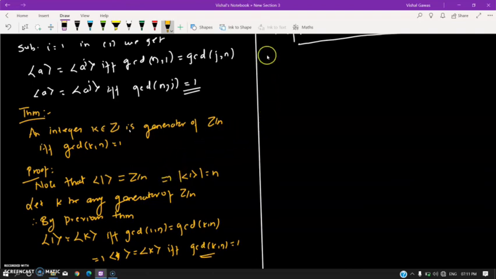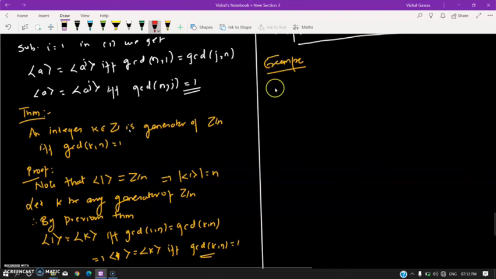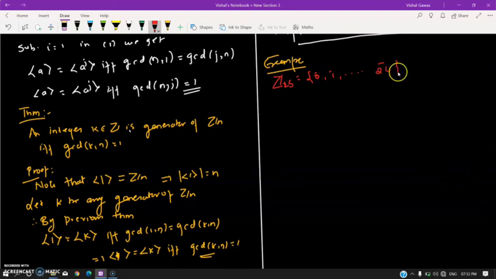Problems, example. Let me consider Z25. So what I have is 0, 1, and so on up till 24 bar.